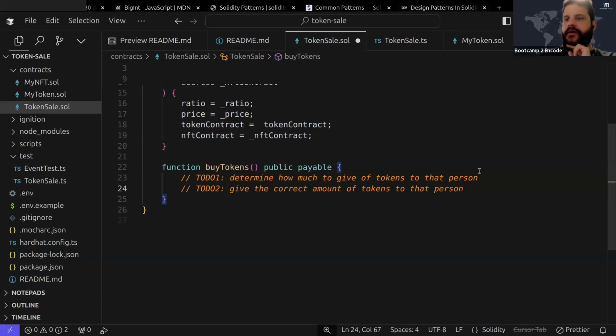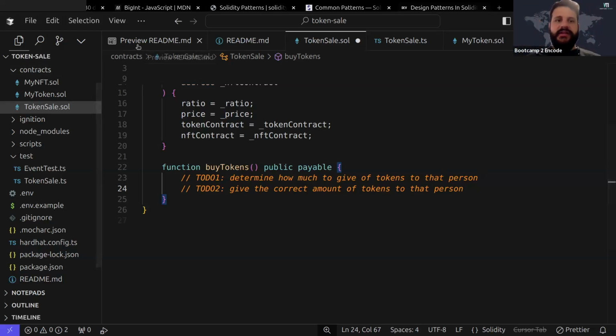Arda? So the buyer will be calling buy tokens from a certain address. Is it general practice that whoever pays always gets the tokens, or is there another option where somebody pays for some other address to get the tokens? It's possible. For example, in Uniswap you can specify another receiver.